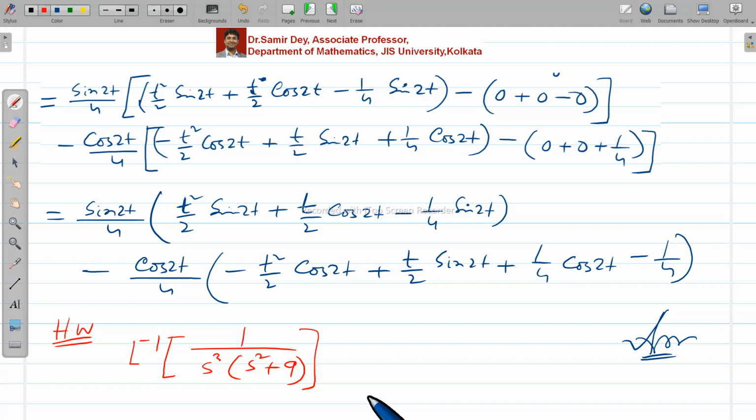Here I have given s square plus 4, already discussed. So here I have replaced 4 by 9, that is 1 by s cube into s square plus 9. Okay, just try to solve and follow up. Just try to follow the question line by line and find the solution.